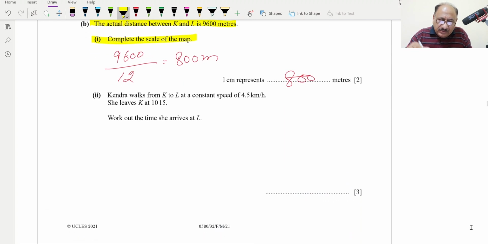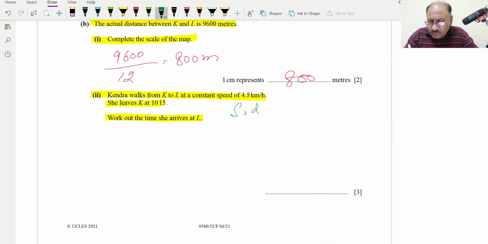Then they're saying Kendra walks from K to L at a constant speed of 4.5 kilometers per hour, and she leaves K at 10:15. Work out the time she arrives at L. So we know speed is equal to distance over time, and time will be equal to distance divided by speed.